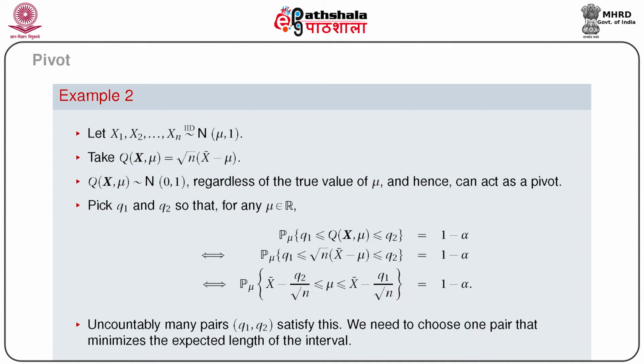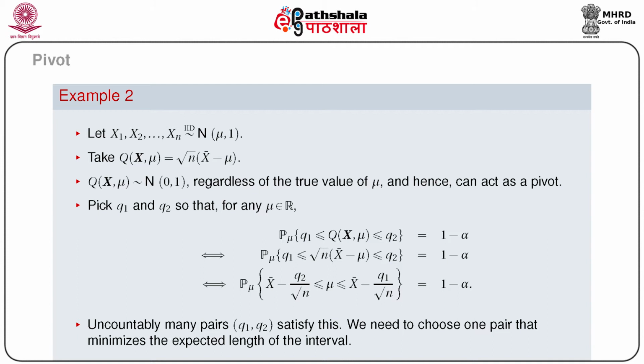In our first example, we consider a random sample X1, X2, ..., Xn of size n from a normal(mu, 1) population. To find the shortest length confidence interval for mu, we use the pivot Q(X, mu) equal to root n times (X bar minus mu), and we know that root n times (X bar minus mu) follows normal(0, 1) for any mu.